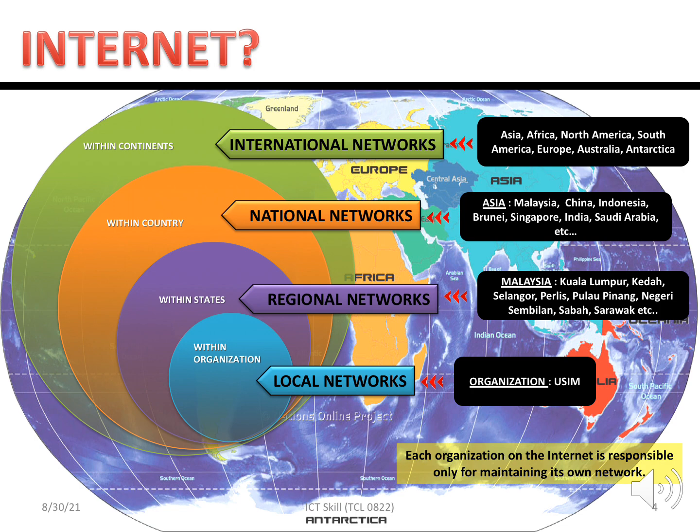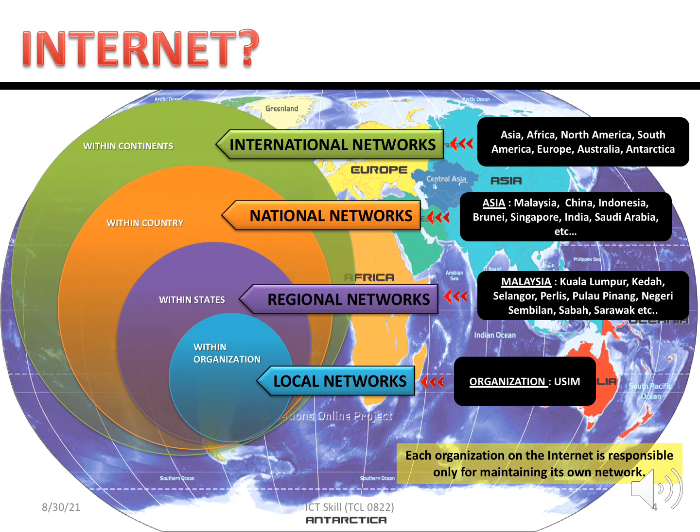So what is the internet? Actually, the internet is around the world. You can connect or communicate within international networks, national networks, regional networks, and local networks. If you look at this slide, the international network is across Asia, Africa, and North America.